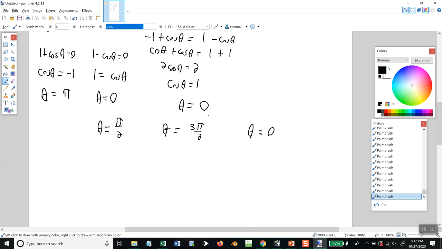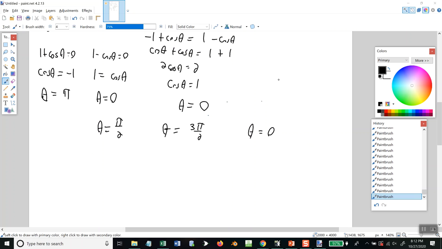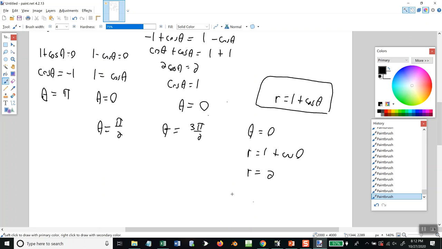Probably this last one if I had to guess. What were my functions? r equals 1 plus cosine theta. It doesn't matter which one you plug it into. I'm going to plug it in this one. So r is equal to 1 plus cosine of 0. I guess I'm lying. This cosine of 0 is 1. 1 plus 1 is 2.